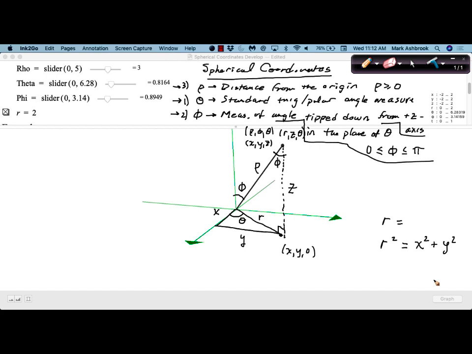This vertical triangle with R and Z and rho. I want to relate R just to rho. How do I relate R to rho?